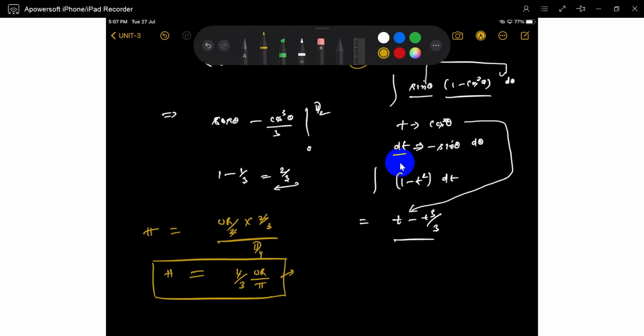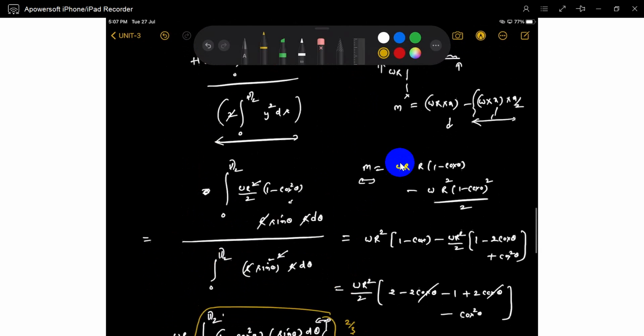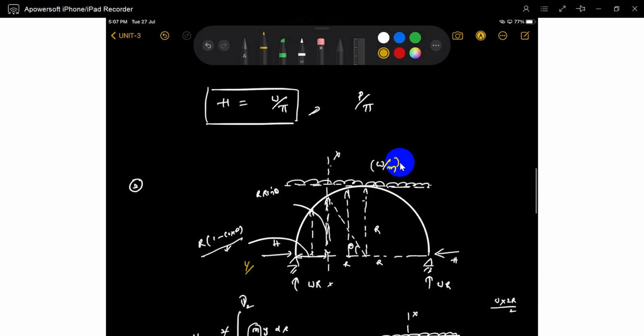Okay, 4 by 3 pi r by pi, understood? So you can find out the h value, and once you find out h, the remaining you will get, no problem.